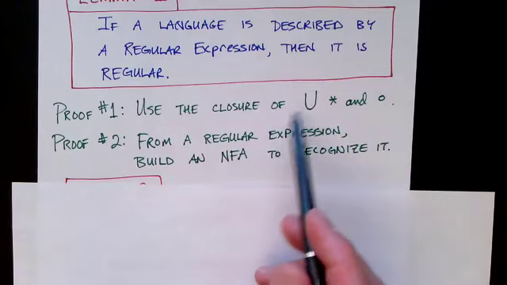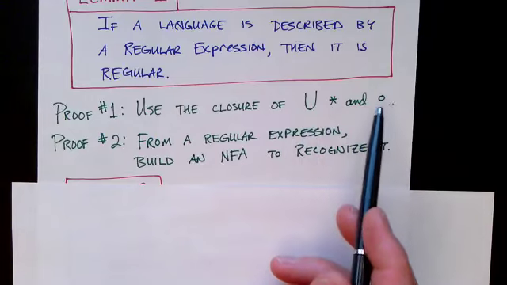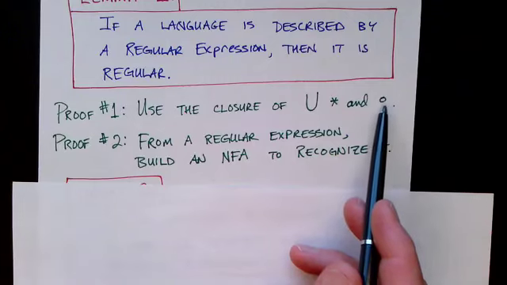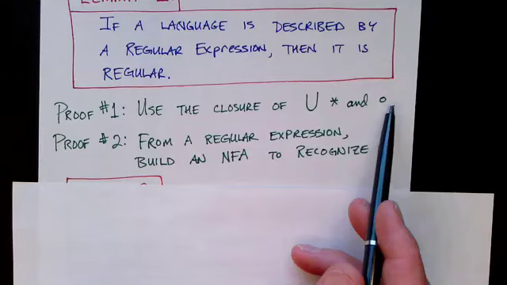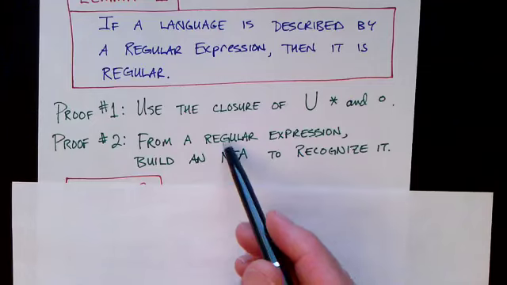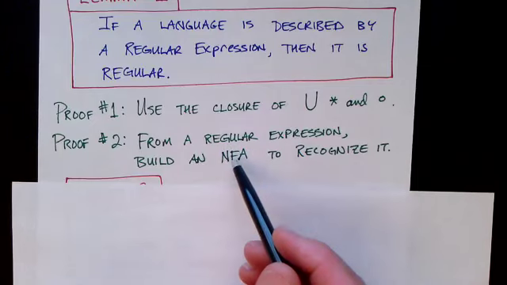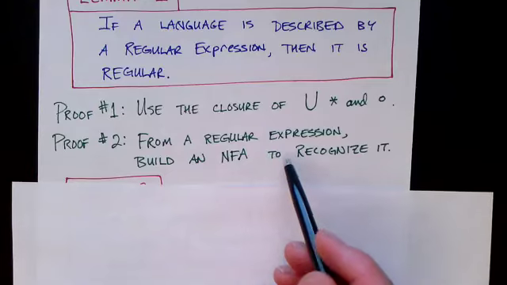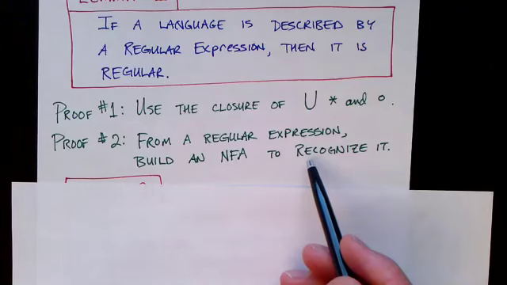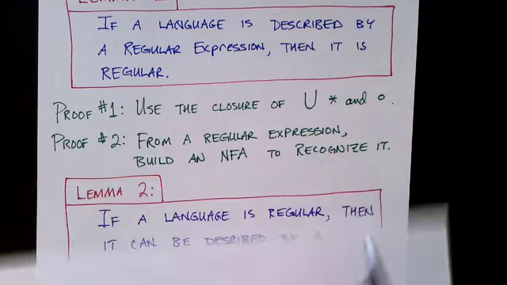And so, by extension, our definition of regular expressions shows that the result is also regular. The other approach is to take a regular expression and build a non-deterministic finite state automaton to recognize it. I'll talk a little bit about that approach on the next slide.